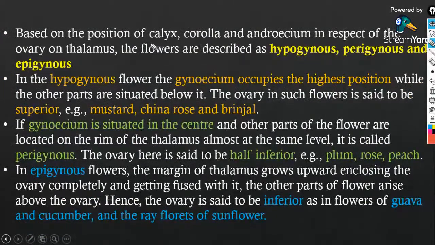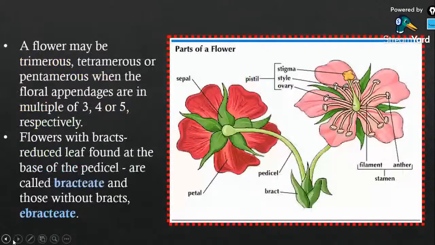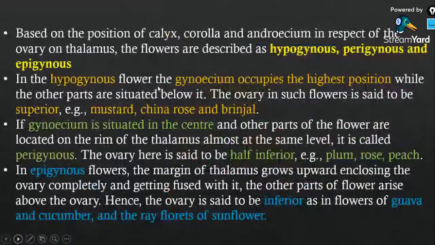Based on the position of calyx, corolla and androecium in respect to the ovary on the thalamus, flowers are categorized as 3 types: hypogynous, perigynous and epigynous. So we are going to tell you first what these hypogynous, epigynous and perigynous conditions are.